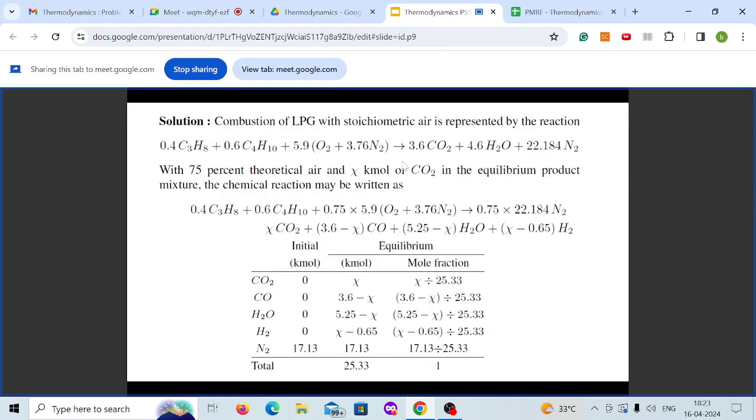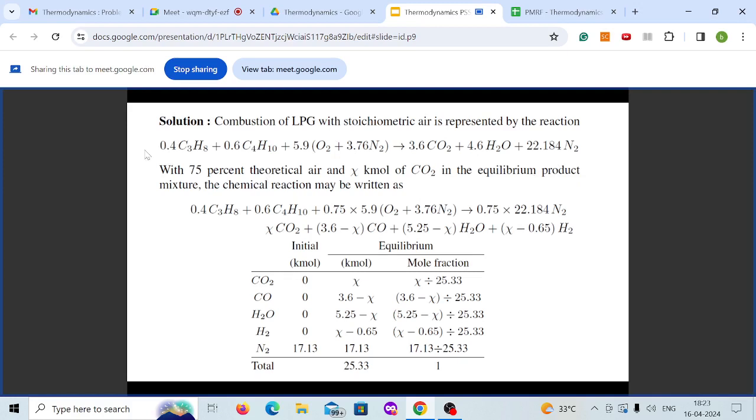To find out first the stoichiometric air, we can find how much air is used for the reaction. So we will first write the complete combustion reaction.